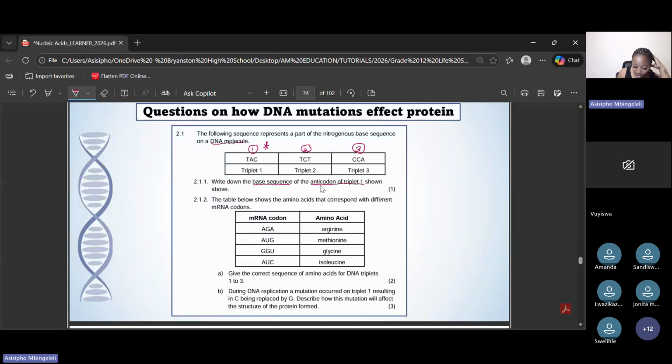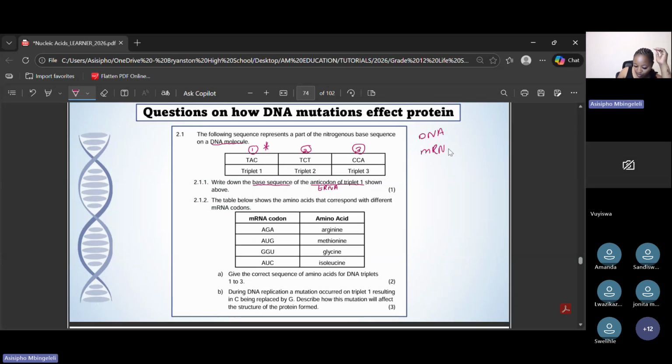Remember, when they say anticodon, they are speaking about bases in a transfer RNA. We can use our order of molecules. We move from DNA in order for us to form messenger RNA, in order for us to get transfer RNA, in order for us to get amino acids, and in order for us to form a protein.